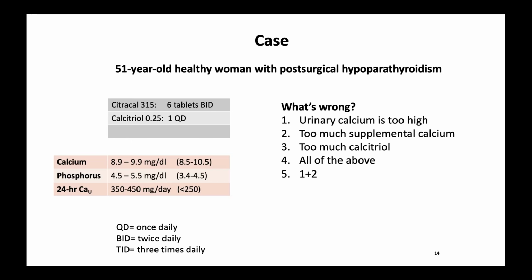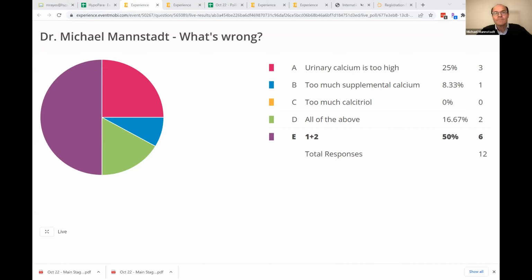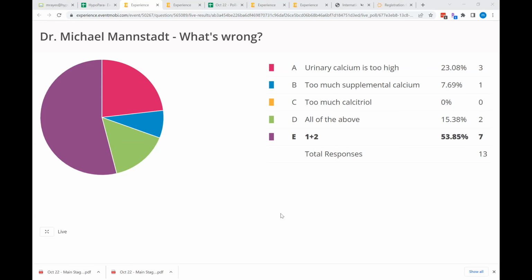Okay, Dr. Mannstadt, it looks like we do have results. So if you want to let me share real quick. You are so fast in the audience. So I'll stop sharing my screen and Michelle will show us the results. Okay, can you see them? I can certainly see it, and I hope everybody can. First of all, thank you for those who filled out the poll. It's interesting, there's still people answering.